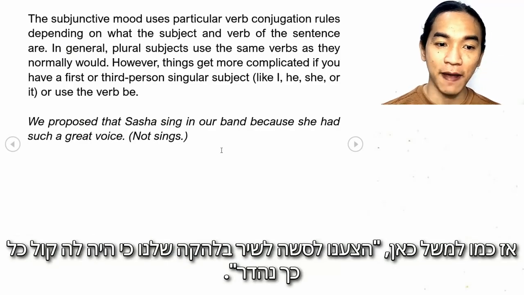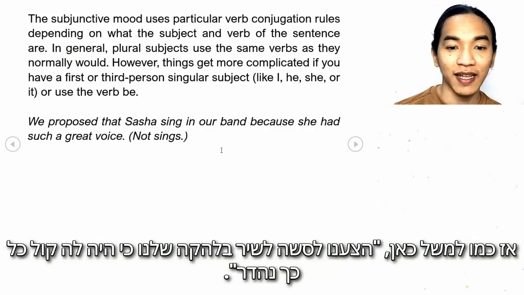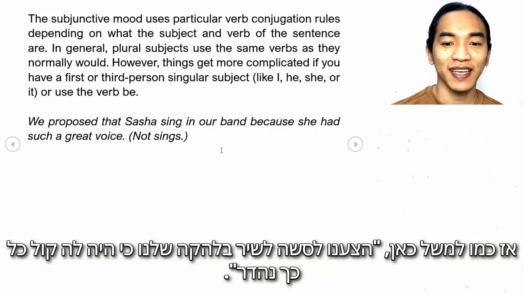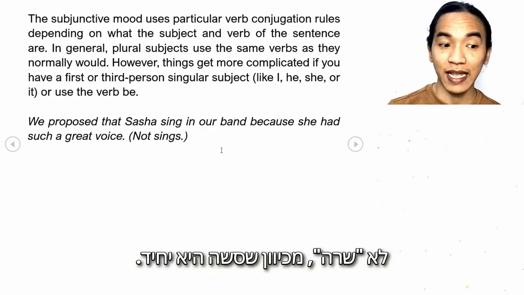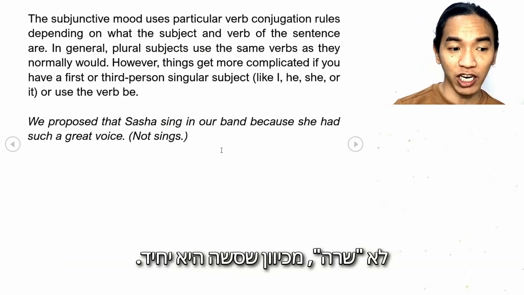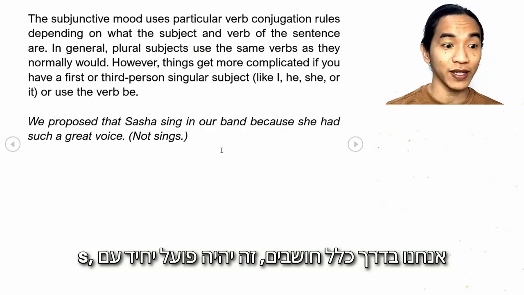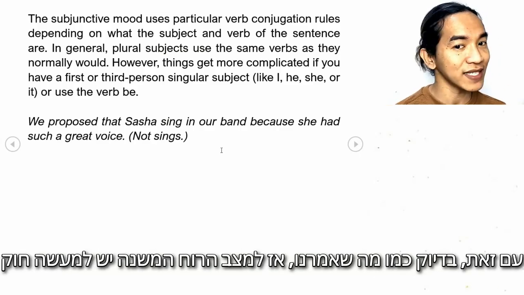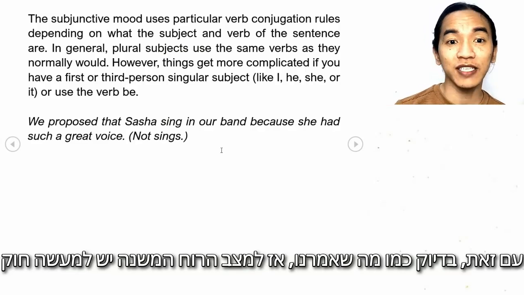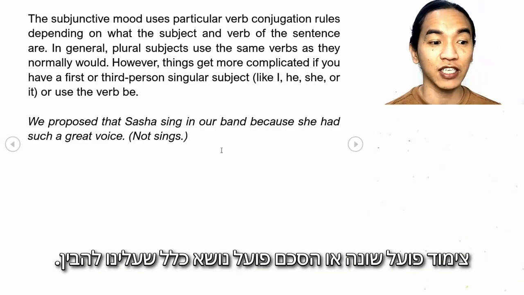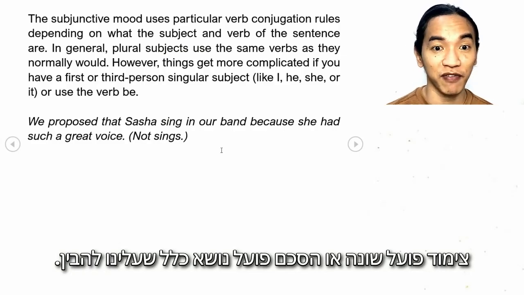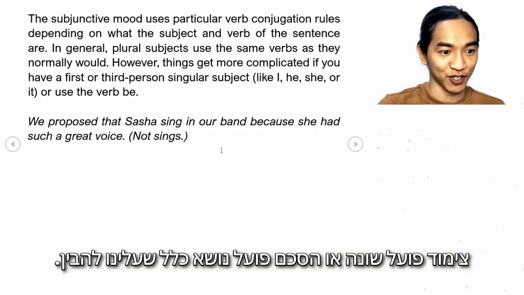For example: We proposed that Sasha sing in our band because she had such a great voice, not sings. Since Sasha is singular, we normally think it would take a singular verb with S. However, just like what we said, the subjunctive mood has a different verb conjugation or subject-verb agreement rule that we have to understand.